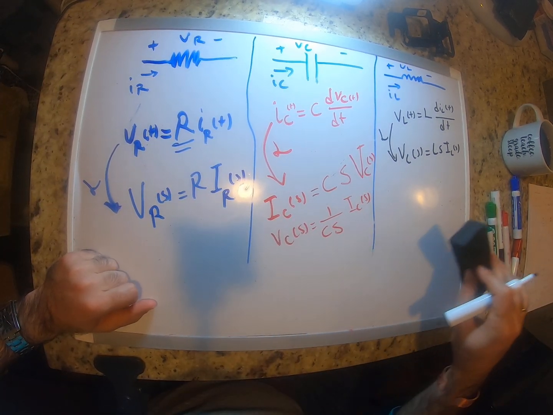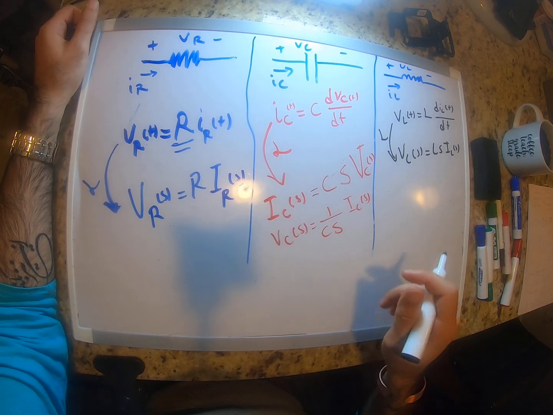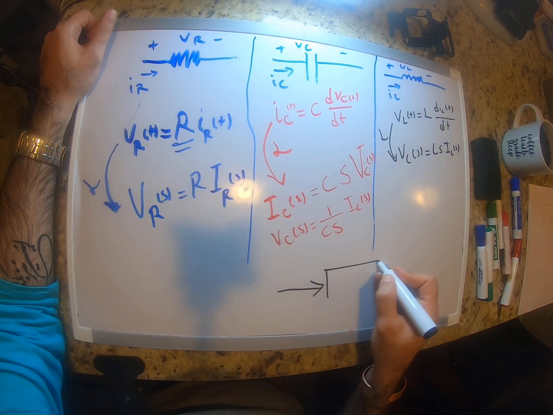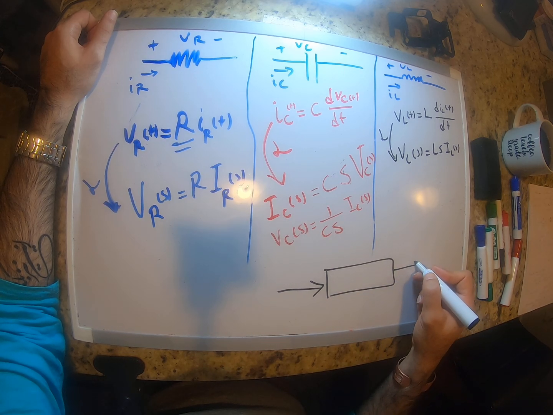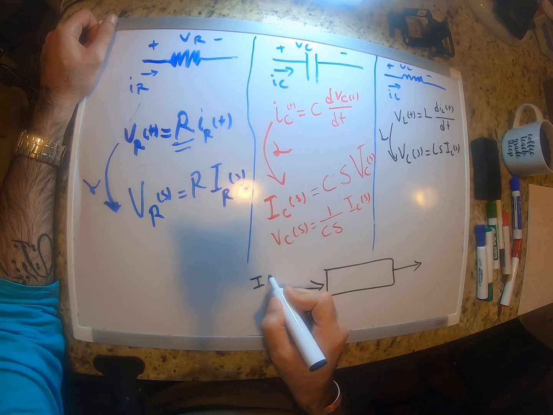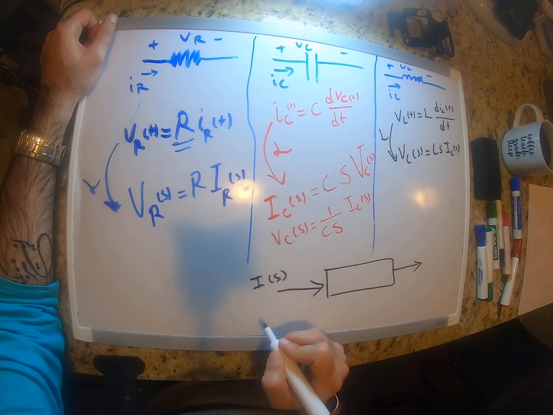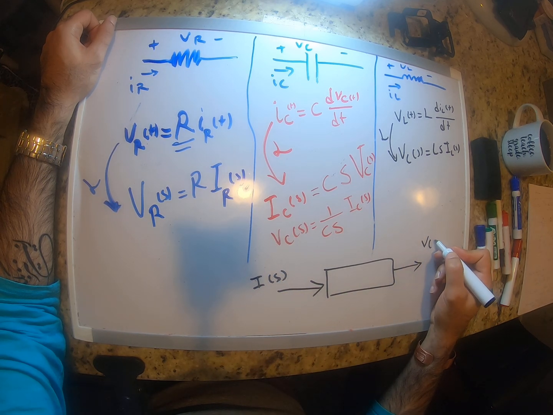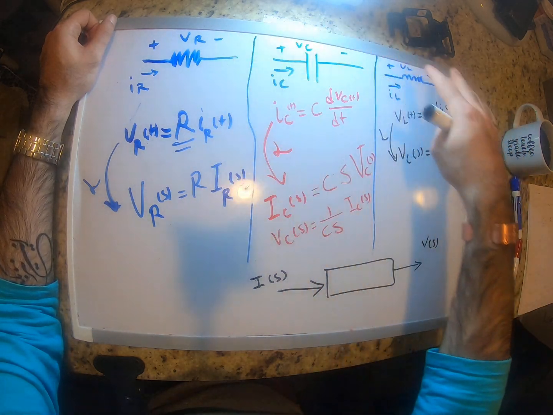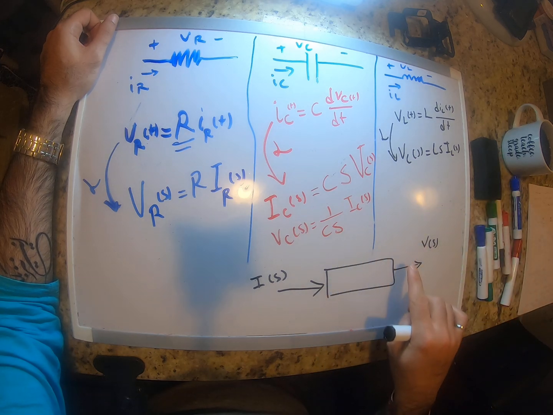So if we look at each of these elements as a black box, and we want to know, if we apply this much current, what's the voltage across it, right? We want to model all of these elements using just a black box.